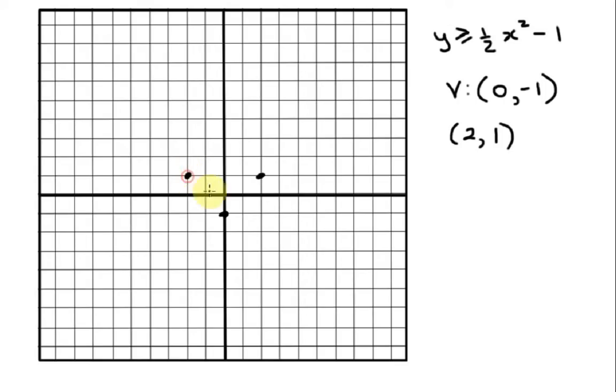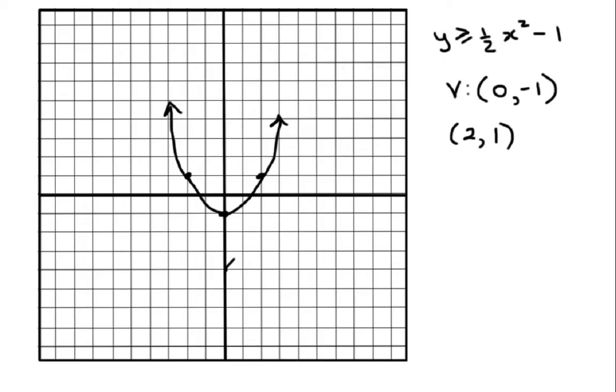So there it is, nice and symmetric. Now I'm going to try and fill in the graph here. So there's my parabola going up. Something like that. Okay. And the only other thing I have to decide is, should I shade inside or outside, above or below?